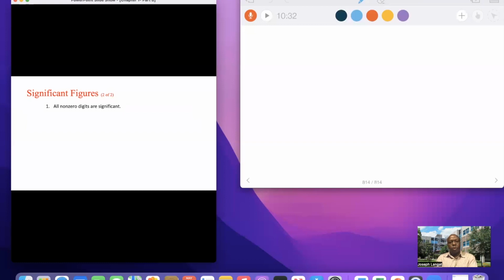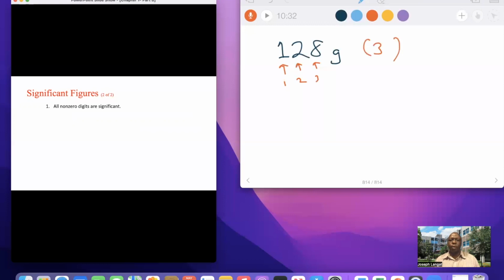Let's see the rules. All non-zero digits count as significant. For example, here, 1.28 crowns. This has 3. We start from here: 1, 2, 3. This has 3 significant digits.